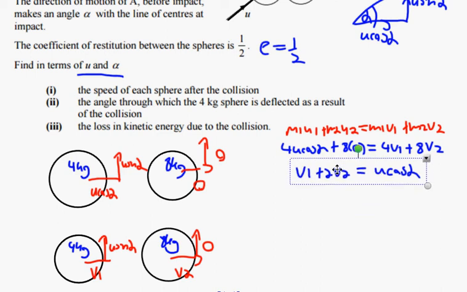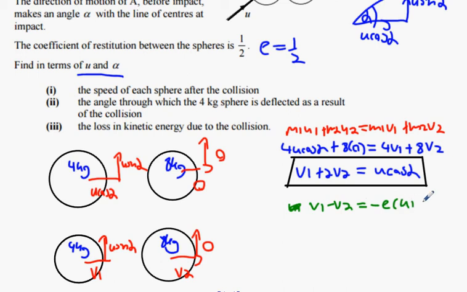Okay. Next thing we're going to do is go for NEL. Just put that in a V square just so I know where it is. Okay, let's go for NEL. NEL is V1 minus V2 is minus E times U1 minus U2. Do I know the E value? It's a half, okay.